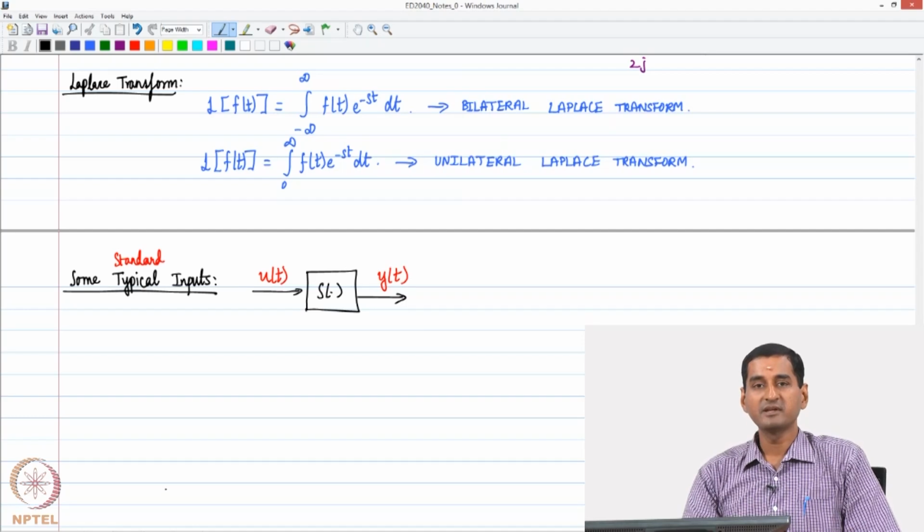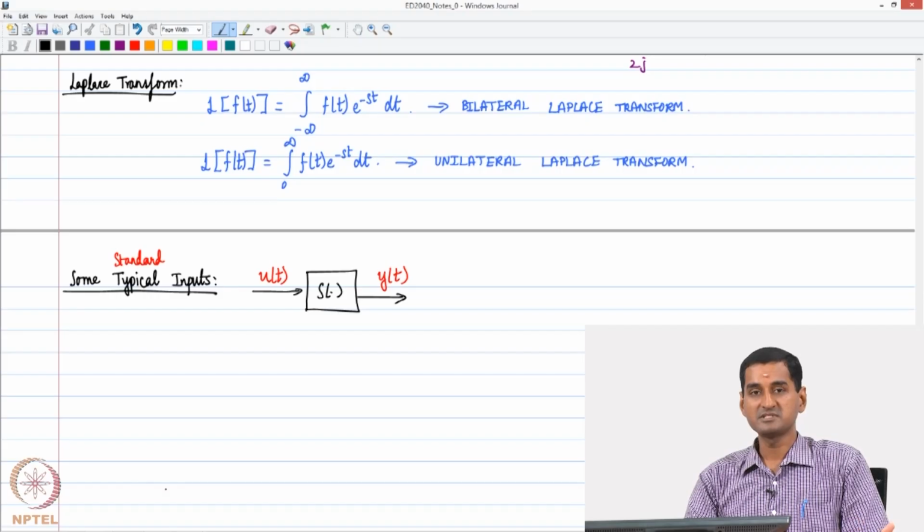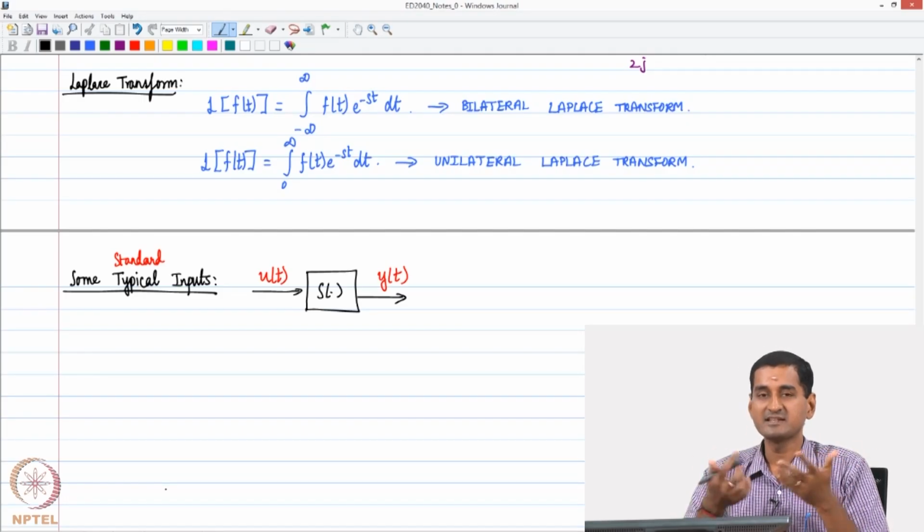By and large, if you want to analyze systems and various design choices for systems, we need to give some standard input so that we can evaluate the system response. If I design, let's say, n systems for an application, I can evaluate them provided I give the same input to all the designs.